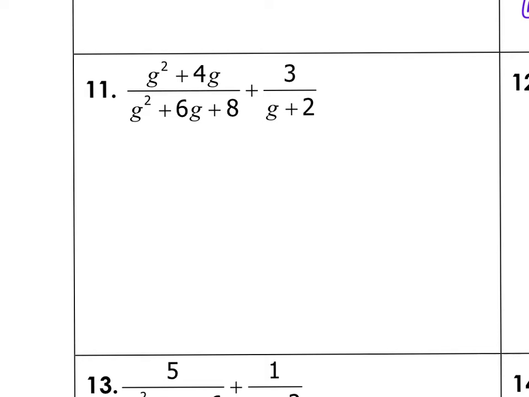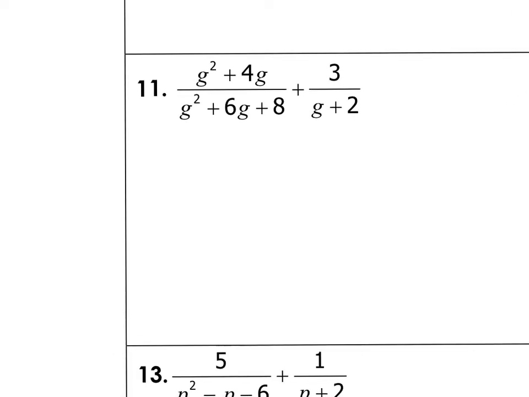So here we go. What is the first thing I'm going to do? Factor my denominators. Good. So I need two numbers that are going to multiply to be 8 and add to be 6. Well, I'm pretty sure that's 4 and 2. So this is going to factor to g plus 4 times g plus 2.